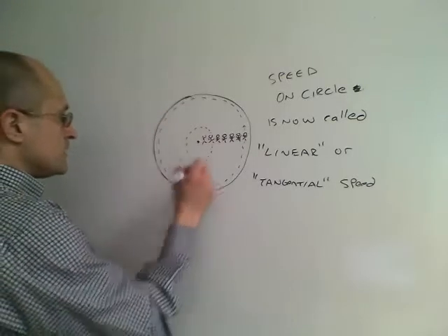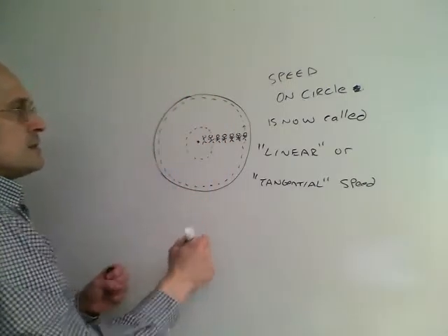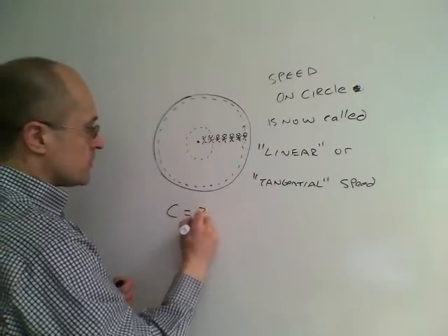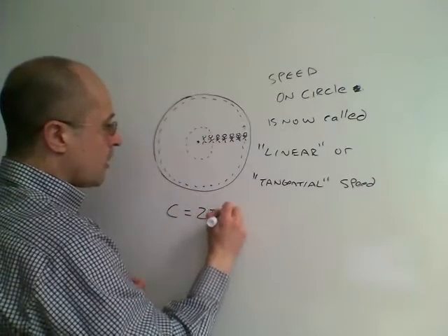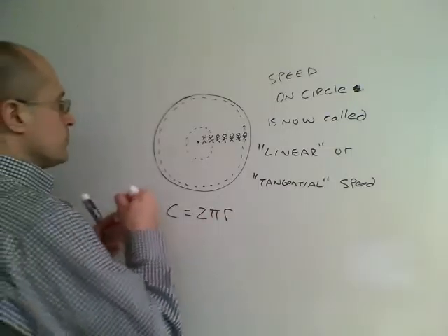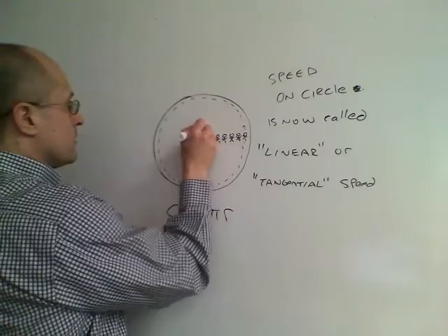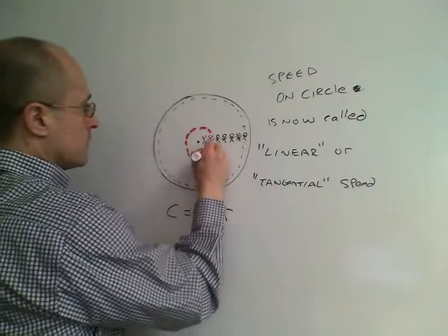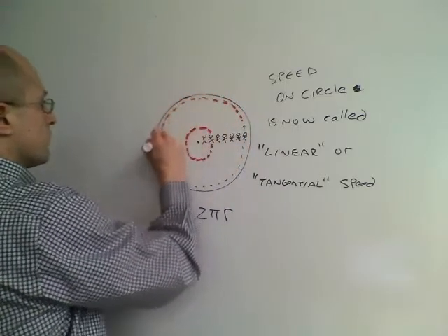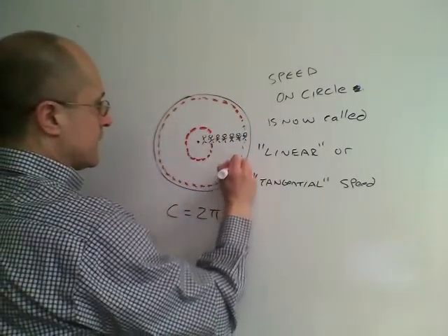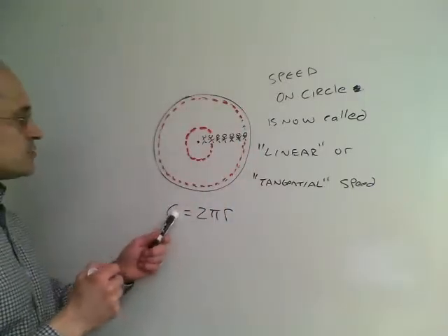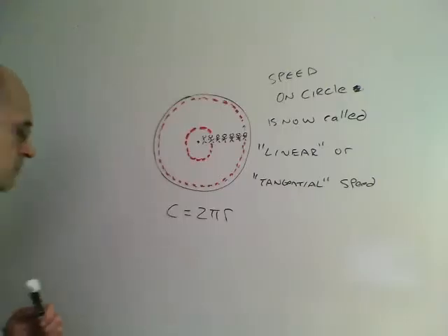And so we know the linear distance this guy is covering, because we know the circumference of the circle is 2 pi r. That's the inside guy, and that's the outside guy. You can see the inside guy runs his circle, his circumference is much smaller.